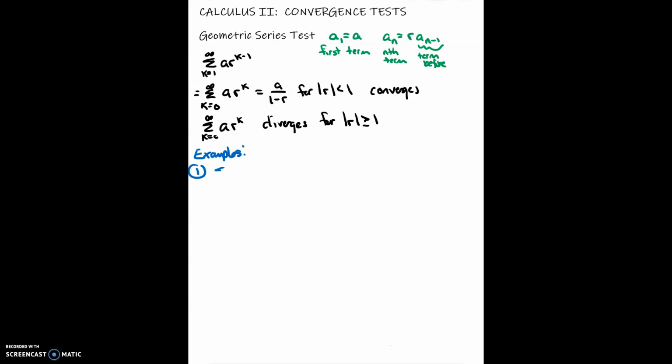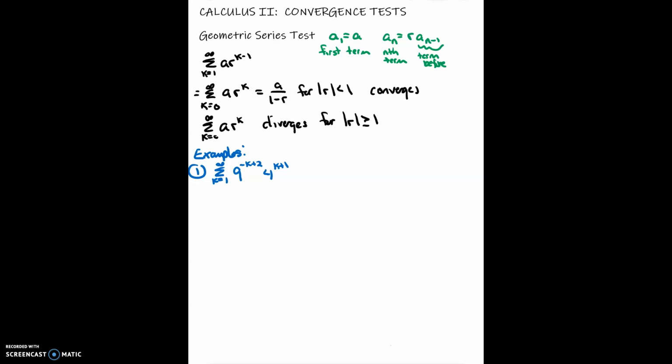Let's take a look at the sum as k goes from 1 to infinity of 9 raised to the negative k plus 2 times 4 to the k plus 1. Now the first thing I recognize is that this one is beginning at 1. So if it begins at 1, we want the exponent to be k minus 1. So we're going to have to do a little work to get that exponent into the k minus 1 form. Right now my exponents are negative k plus 2 and k plus 1.